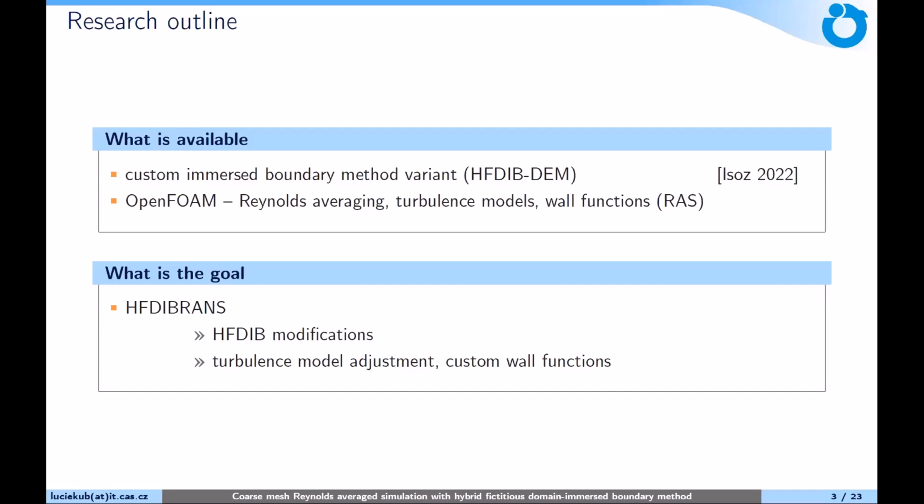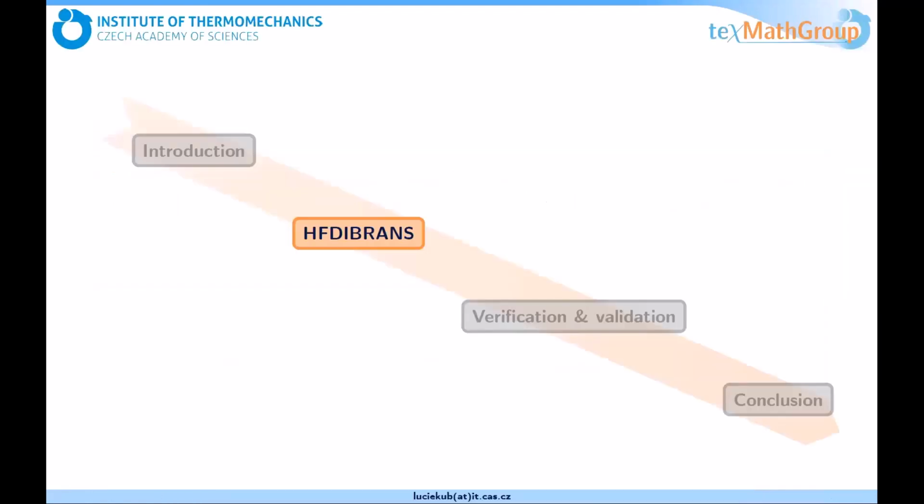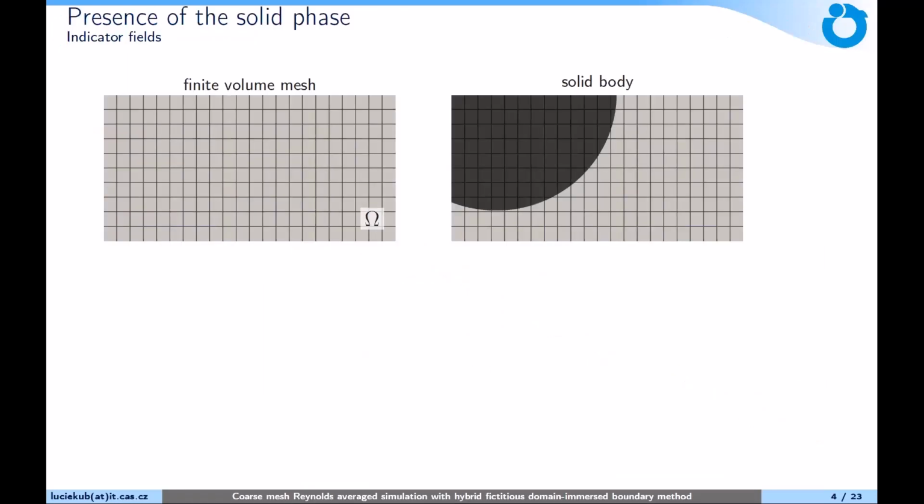And on the other side, in OpenFOAM, there are implemented the tricks regarding Reynolds averaging. And our goal was to create a hybrid that uses the modified immersed boundary method and the turbulence models and wall functions from OpenFOAM. So I will just try to briefly describe the method as it works.